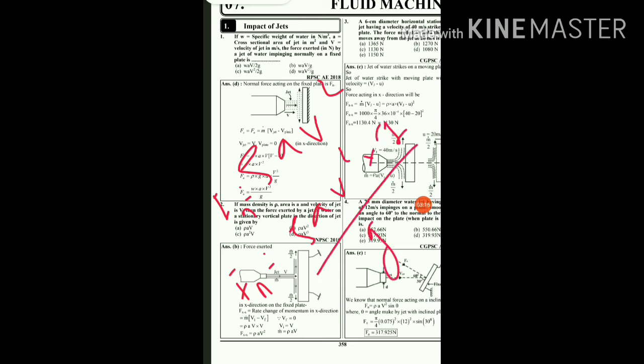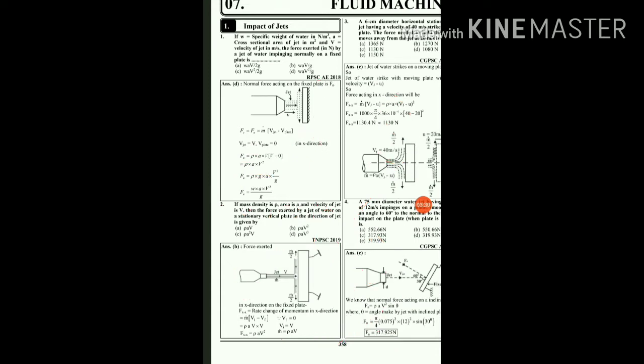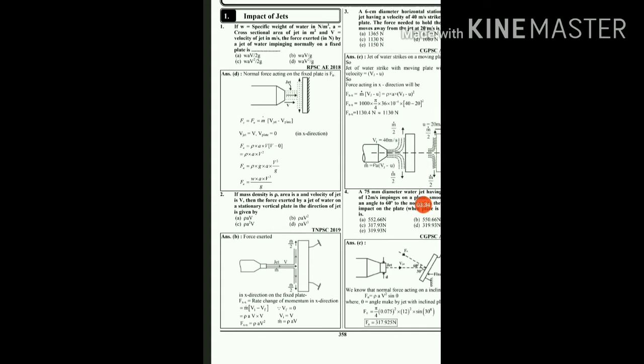Here rho into g is nothing but the specific weight, so it is W A V square upon g, and this is the answer given in option D. So for question number 1, the correct option will be option D, that is W A V square upon g, where W is the specific weight, that is rho into g, A is the cross sectional area of the jet, V is the velocity of the jet, and g is the acceleration due to gravity. So option D is the right answer.